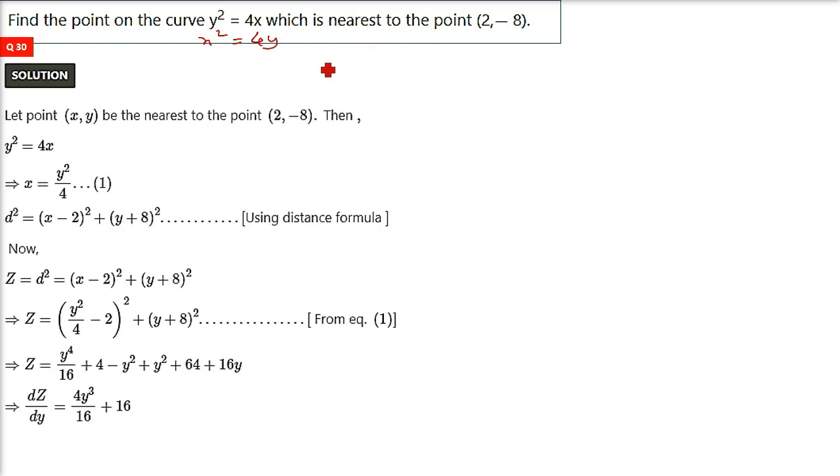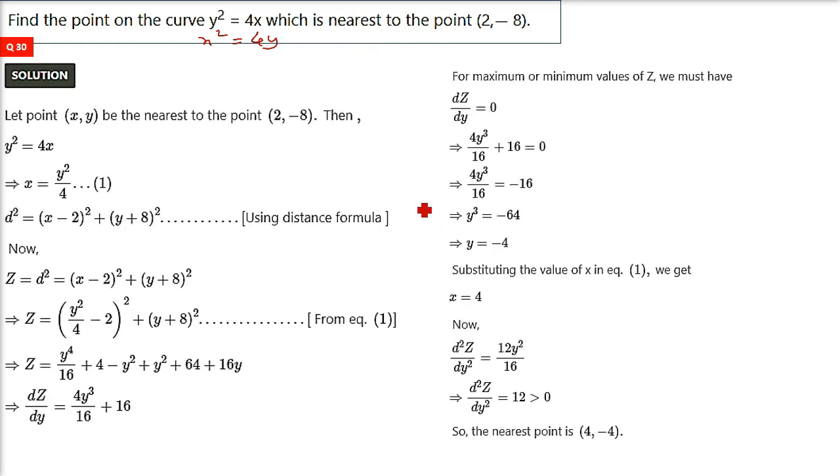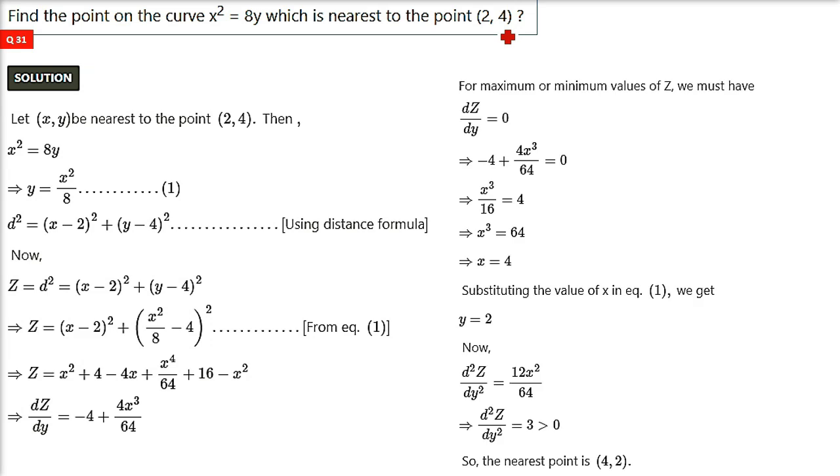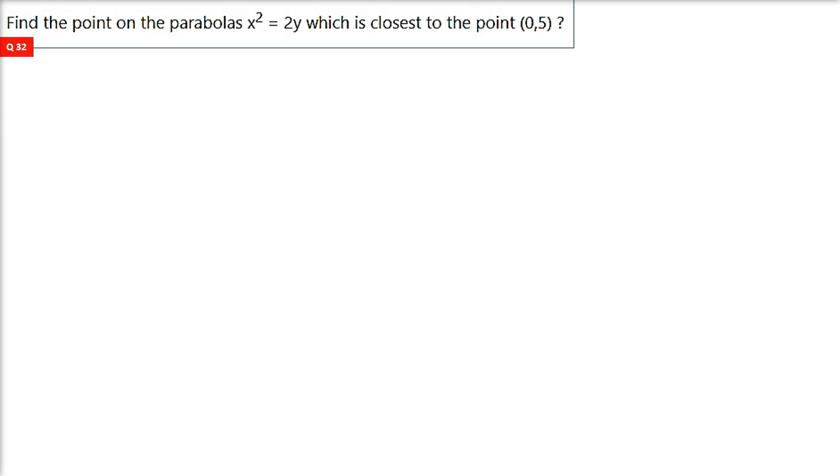So I hope you don't have any problem if we just go through and pass by all these questions which have the same logic, only the numbers have been changed, only x and y have been exchanged, and that will not affect the knowledge which you have gathered in question number 28. Again the same thing, we have done this question with x square equals 4y.